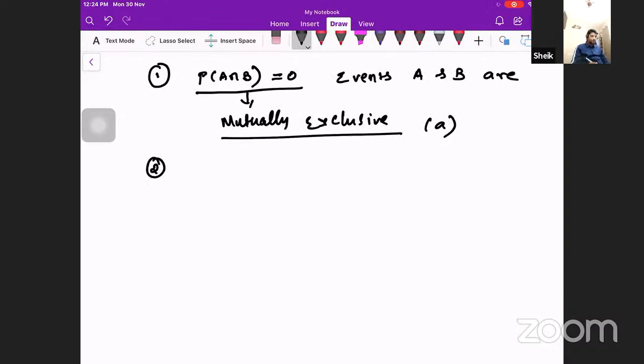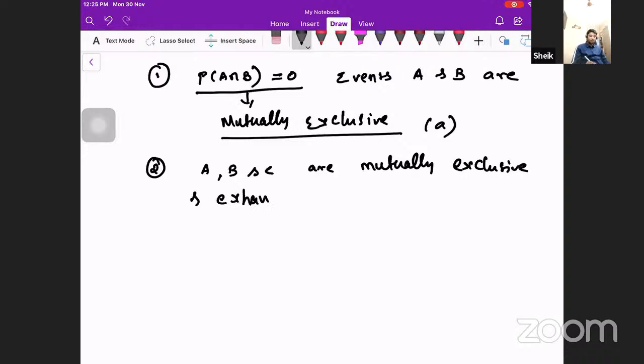Now sum number 2. If A, B, and C are mutually exclusive and exhaustive events. I hope you know the meaning of exclusive and exhaustive.